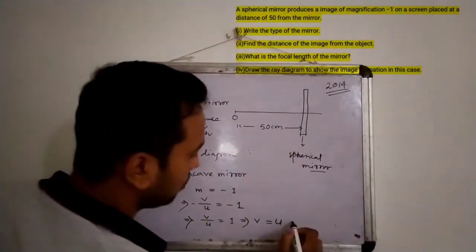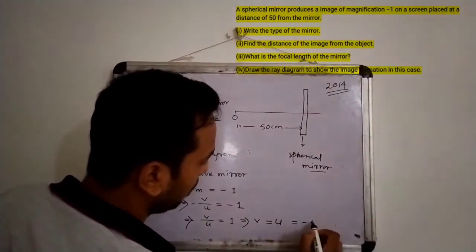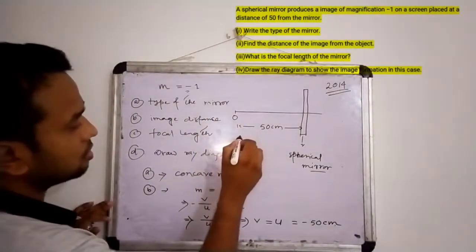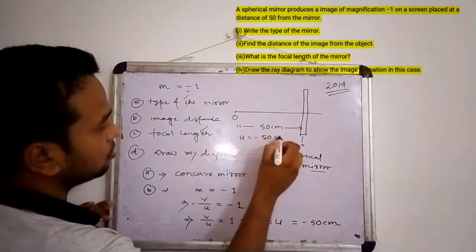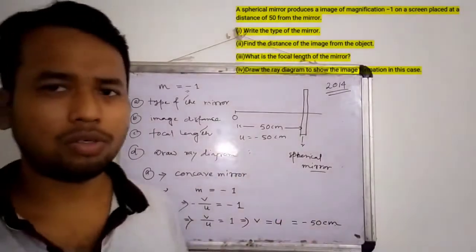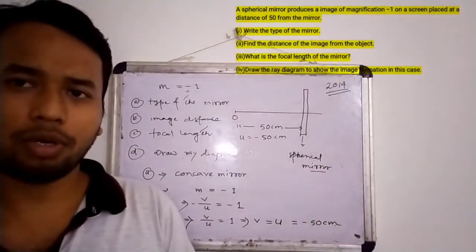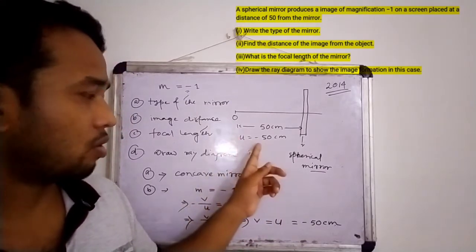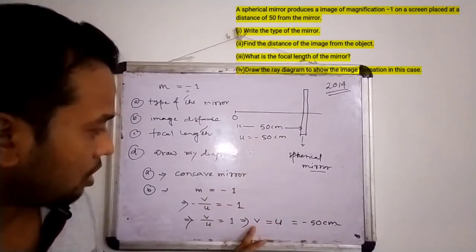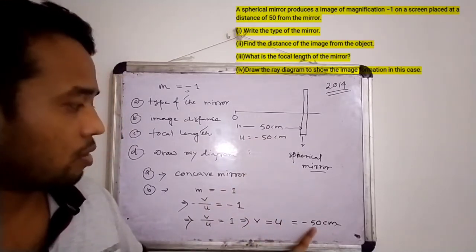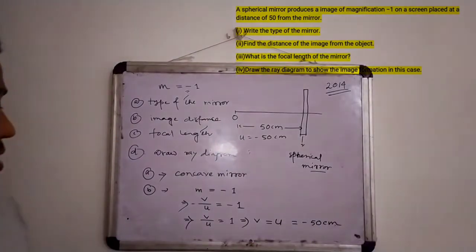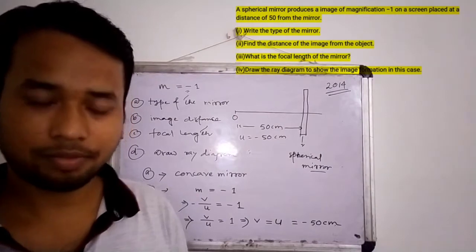That means v will also be equal to -50 centimeter, because our object distance u equals -50 centimeter. So why this negative sign? Because whether it is a concave or convex mirror, we always take object distance as negative, and that is u is -50 centimeter, v is equal to u, so v will also be equal to -50 centimeter. So here object distance is equal to image distance.